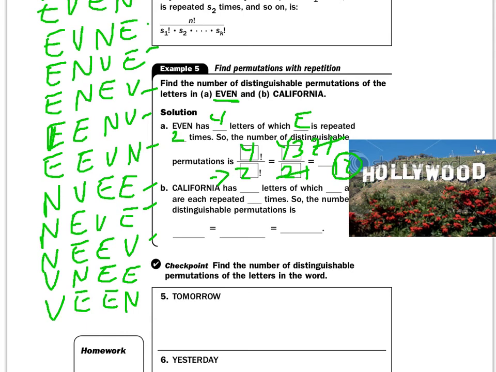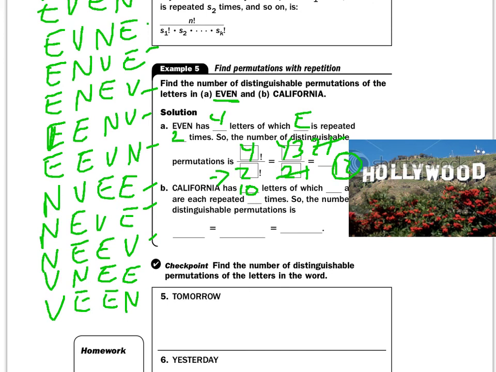And you see why, with the E's in there, that changes some things around a little bit. Say the word California. In the word California, it has 1, 2, 3, 4, 5, 6, 7, 8, 9, 10 letters. So on the top, I'm going to have 10 factorial, pretty big.